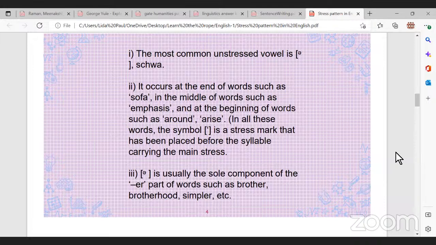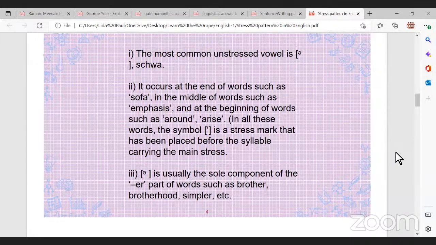Where do you find this vowel sound? Look at this. It can occur at the end of words, middle of words, or beginning of words. At the end of words like sofa. It's not sofa, you say sofa. The last vowel you hear is a shva sound, and that's unstressed in such words. In the middle of words, emphasis.